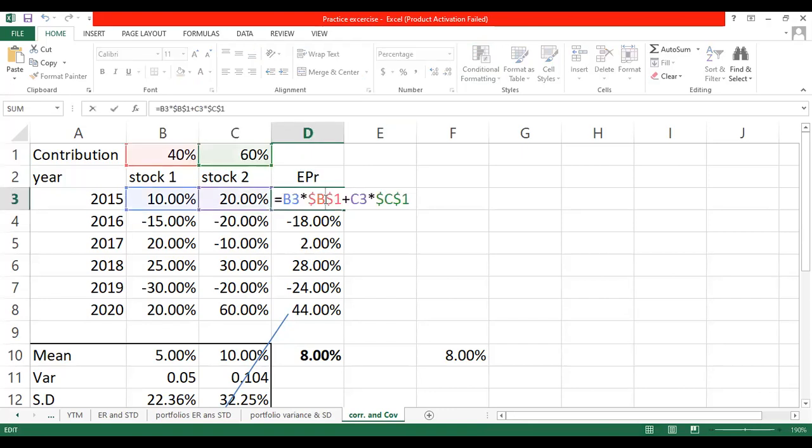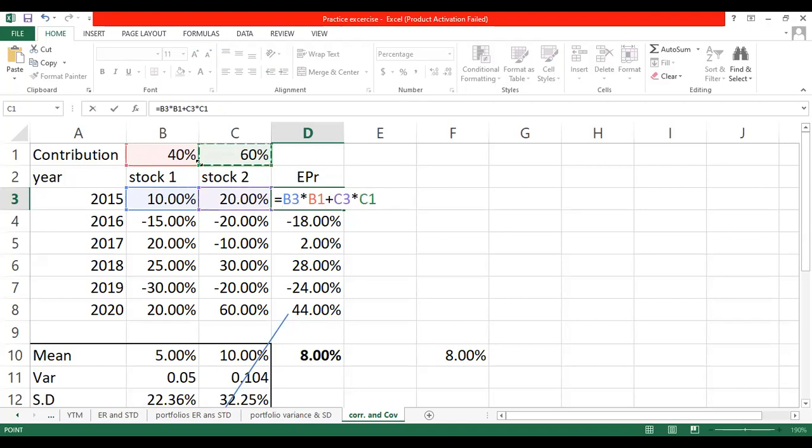Just see this, it's a simple formula. I'm going to repeat it: it is equal to return of stock 1 multiplied by the weight of stock 1 plus return of stock 2 multiplied by weight of stock 2.